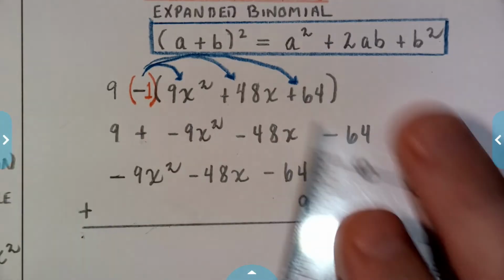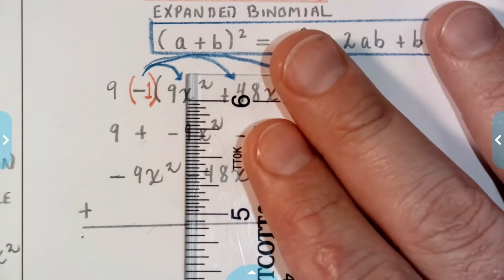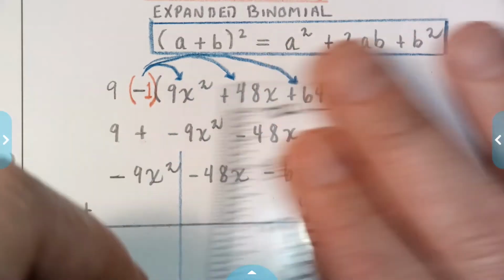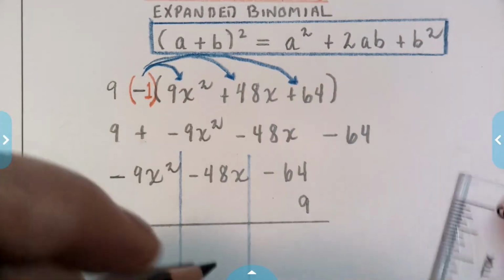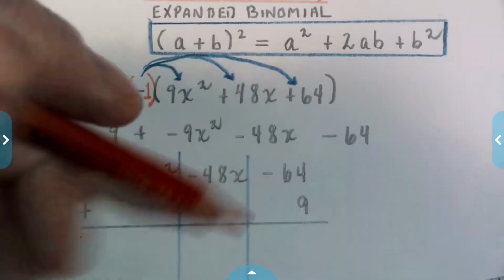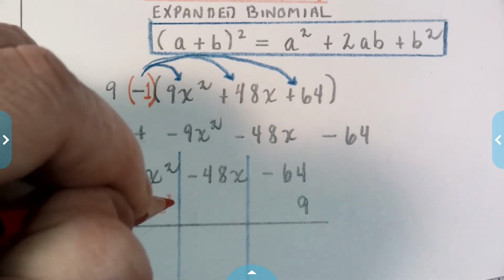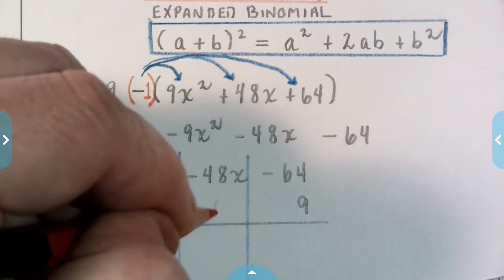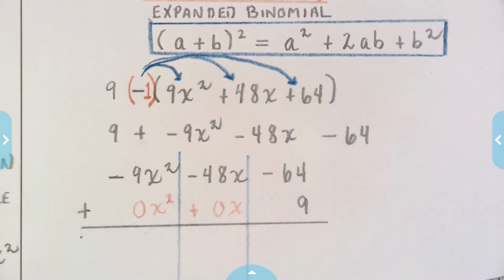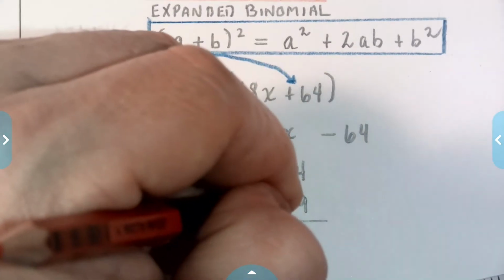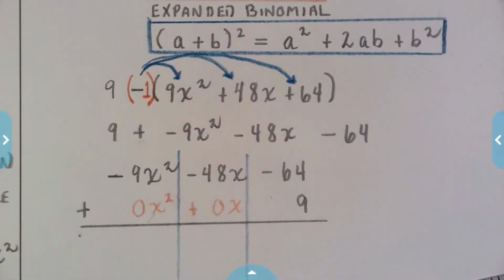Okay? And again, you can separate this out. And this is 0x squared plus 0x. And then this is plus 9, right? That's a positive 9.